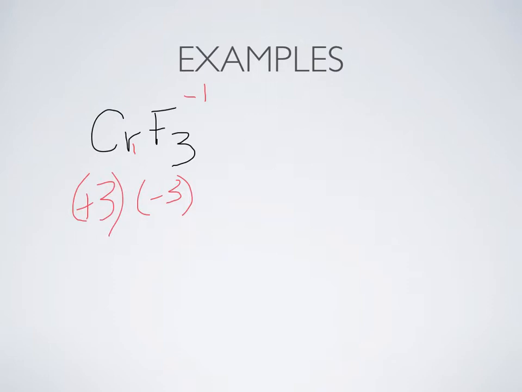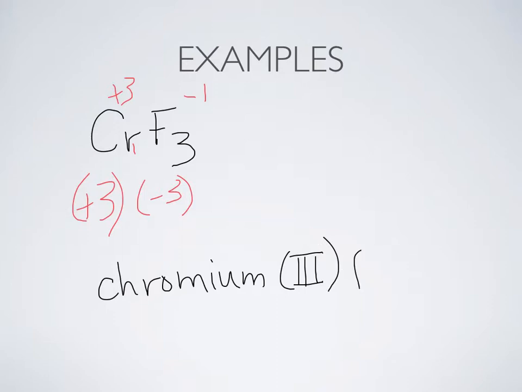And that means that my chromium has to be +3. So therefore my name is chromium 3 fluoride, because my +3 means Roman numeral 3.